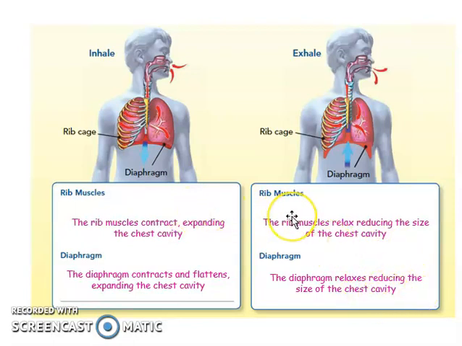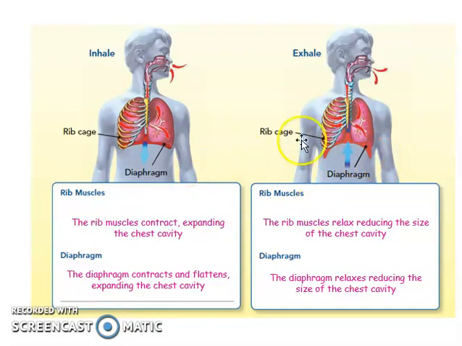So if you want to try it again, do it with both hands, your right hand to your chest, and then your left hand to your abdomen. You can feel that the size of your chest is expanding when you are inhaling, and then when you are exhaling, it is becoming flattened.